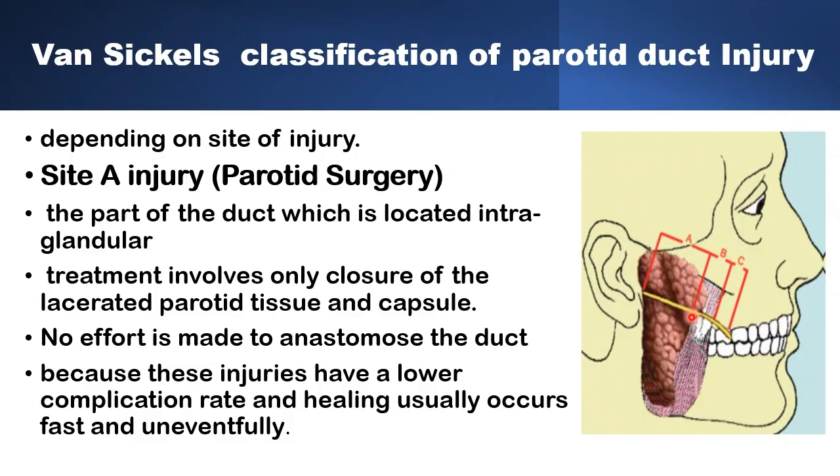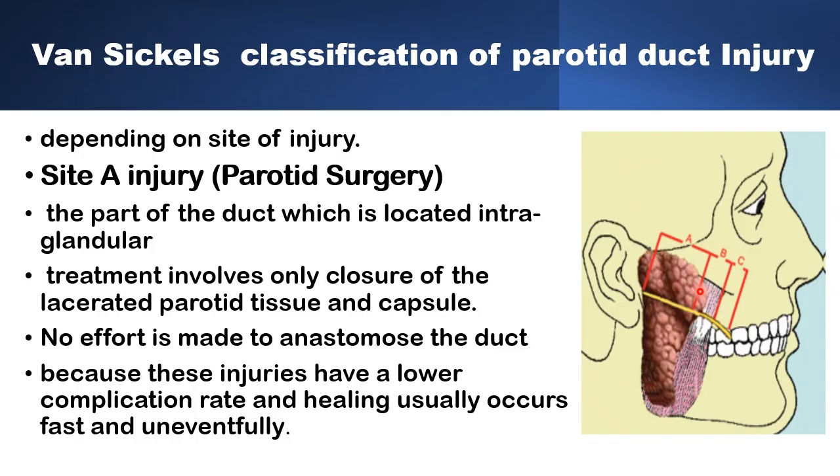But luckily, we don't have to do much about it because there's usually very minimal leakage of saliva from injuries to this part of the duct, the intraglandular part, and these leaks very commonly settle on their own conservatively within a week or two without any eventful complication like a sialocele or a fistula.